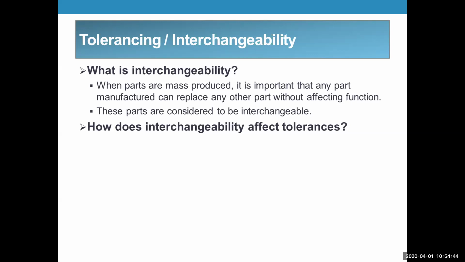So they finally figured out that they needed to create blueprints for these parts that had tolerances on them, so that regardless of where they were made or when they were made or who made them, the parts would all be interchangeable. And that's pretty much when it came about. Like I said, at least in this country. I'm not sure about the rest of the world.